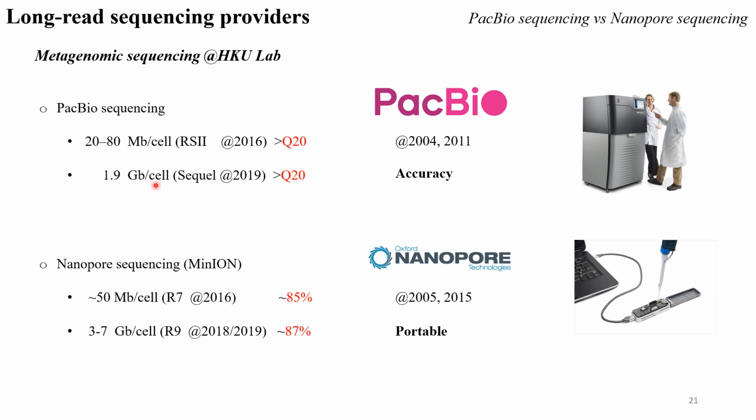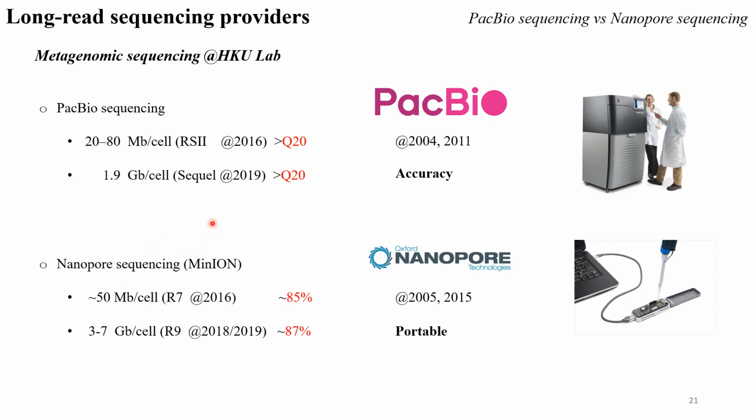However, they both suffered from low sequencing yield at the early stage. We can see here and here less than 1 megabase per sequencing cell, so it's difficult to directly use them for genome reconstruction from environmental samples.